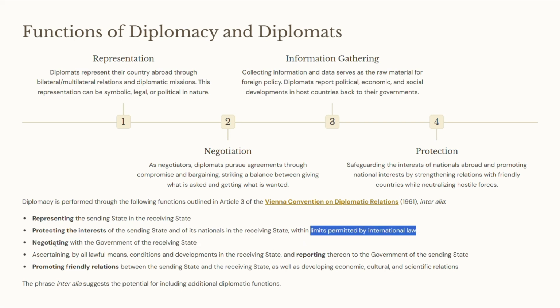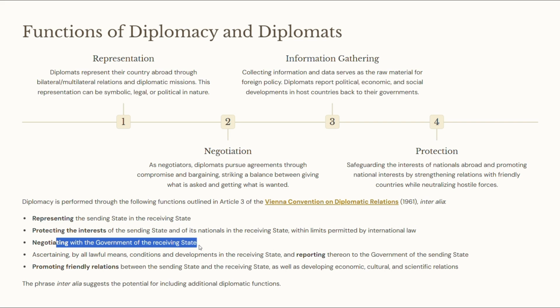By the way, the sending state is the state the diplomat belongs to, and the receiving state is where he or she is posted. So a diplomat represents his state in the receiving state, where he is posted.